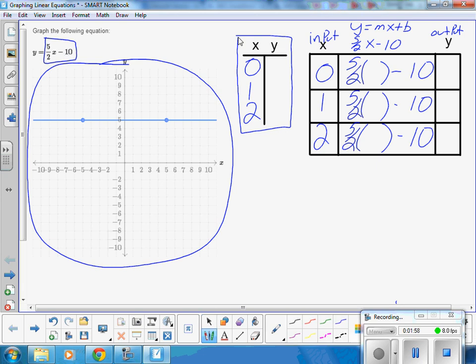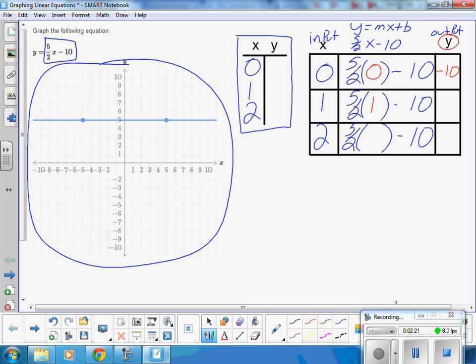So what we're going to look at is, well, if x is 0, what is the value of y? So when we do that math, 5/2 times 0 is 0. Minus 10 is a negative 10. When I put a 1 in for x, 5/2 times 1 is 5/2.